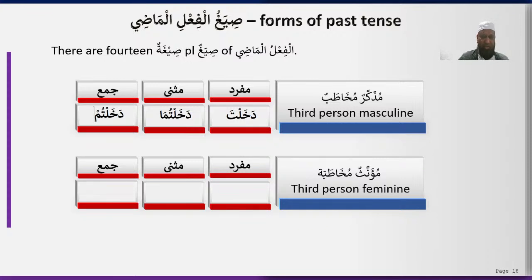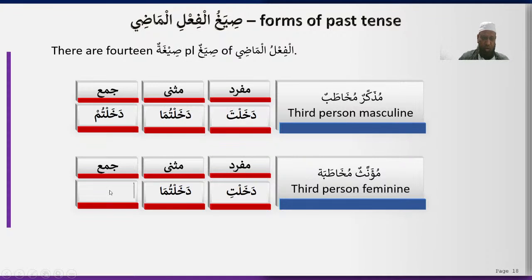These 3 sigas are the mudhakkar mukhatab. And muannas mukhataba, dakhalti. Musanna, dakhaltuma.